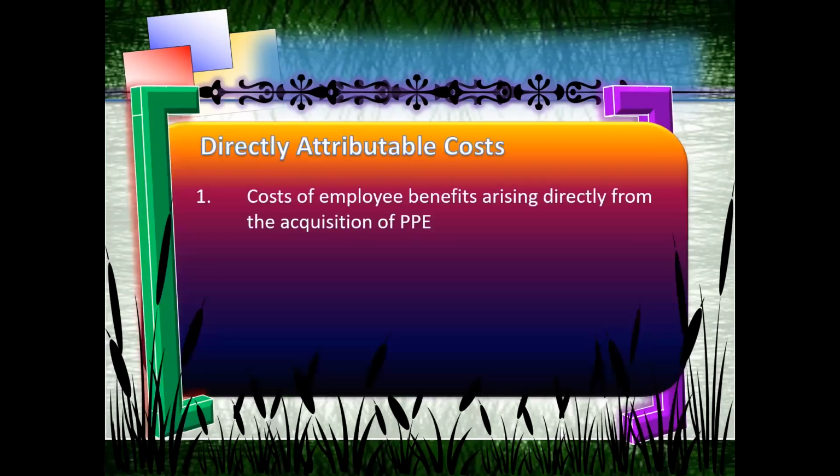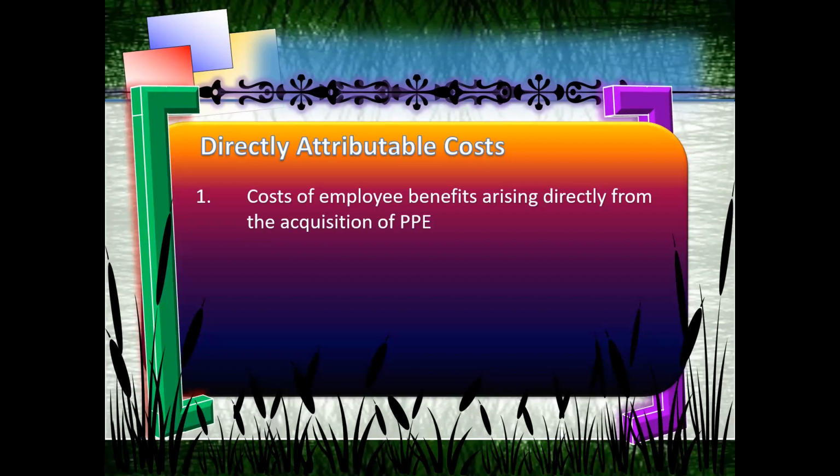So pag sinabi mong directly attributable cost class, these are the costs that you incurred, no? In bringing the asset, no, to the location and condition necessary for it to be capable of operating in the manner intended by the management.